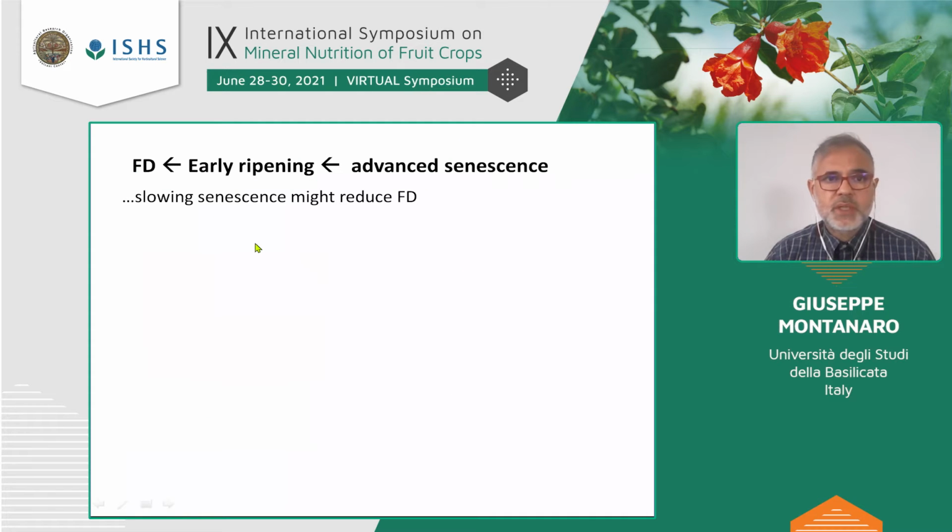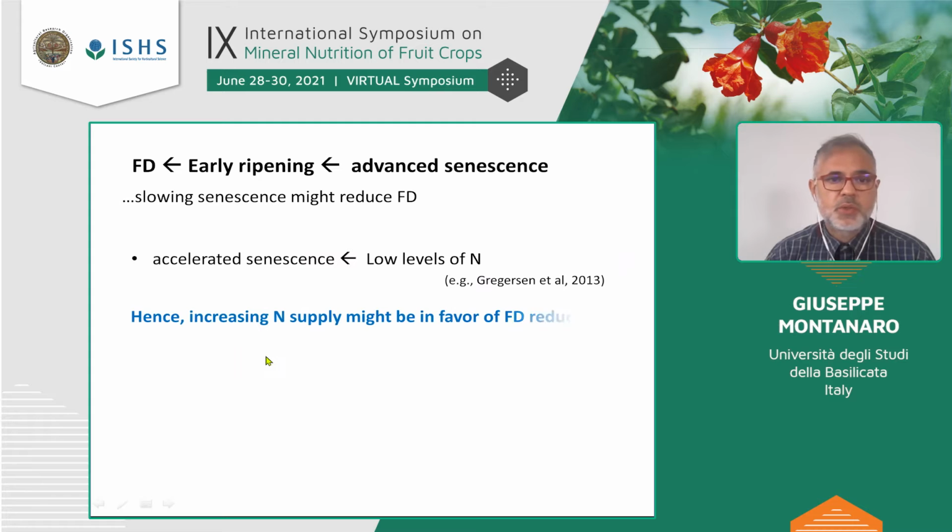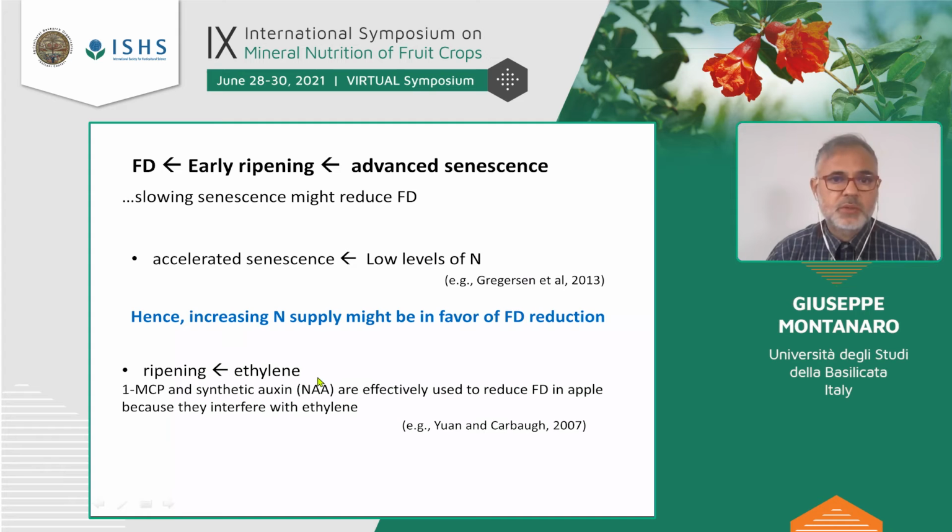Also, fruit drop is a part of a natural process in the ripening of fruit, and ripening is, of course, triggered by senescence. So slowing senescence might reduce fruit drop. How to do this? We know that low levels of nitrogen might accelerate senescence, so increasing nitrogen supply might favor fruit drop reduction.